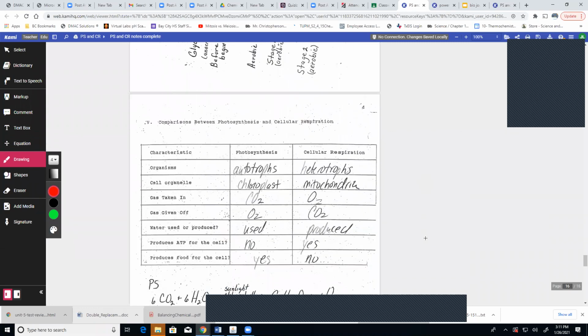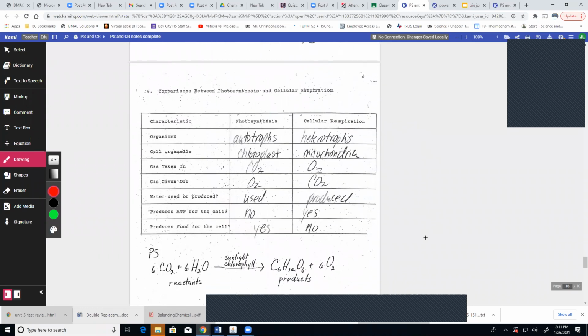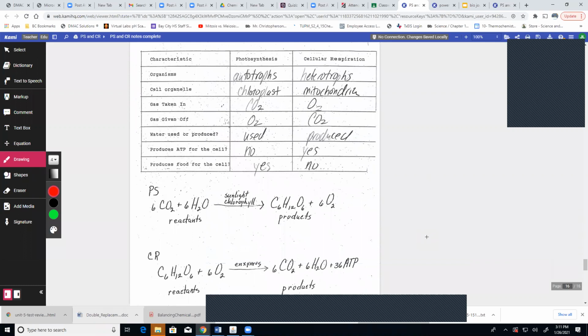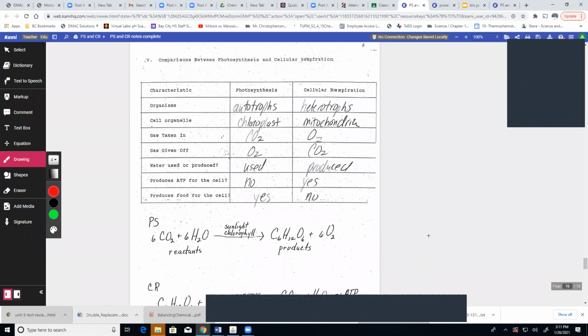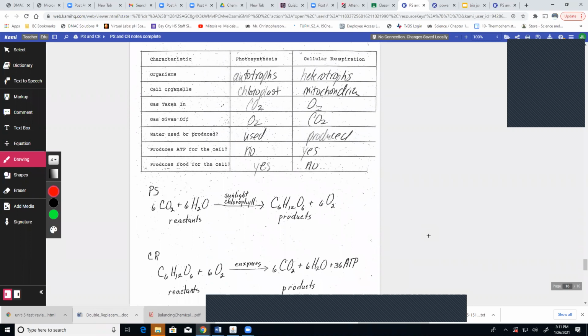And then this, I don't think this is filled in on y'all's notes, or is it? No. So I would fill this in. Y'all probably do not need to write those equations down again, although I'll leave them up, but we've written them down several times. But this is a really good little summary in your notes, talking about photosynthesis and cellular respiration.